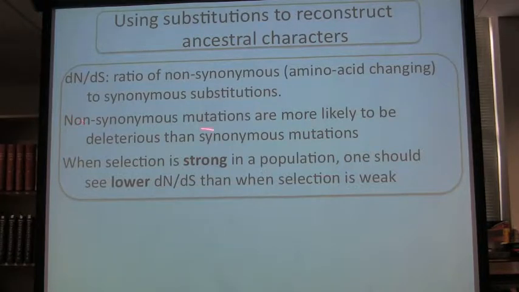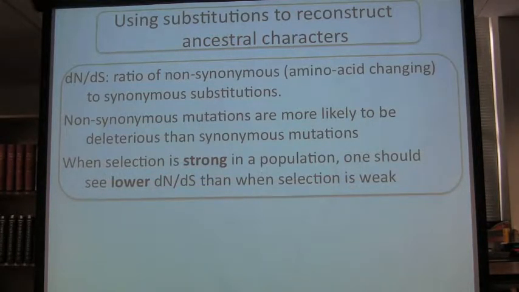So basically, the non-synonymous mutations are more likely to be deleterious than the mutations that do not change the amino acid. And so because of that, you expect that when selection is strong and efficient in a population, you should see lower DN/DS than when selection is weak, because you should see fewer substitutions that are deleterious.